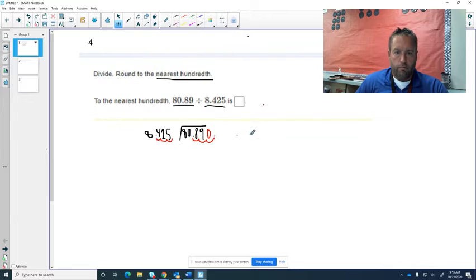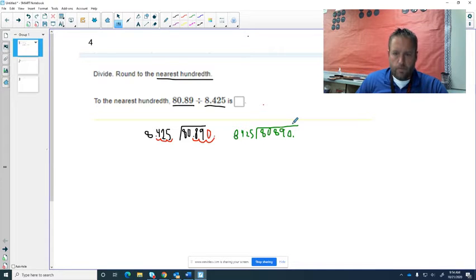So we have 80,890 as our dividend divided by 8,425 as our divisor, and we've placed our decimal point where it should go in the quotient.